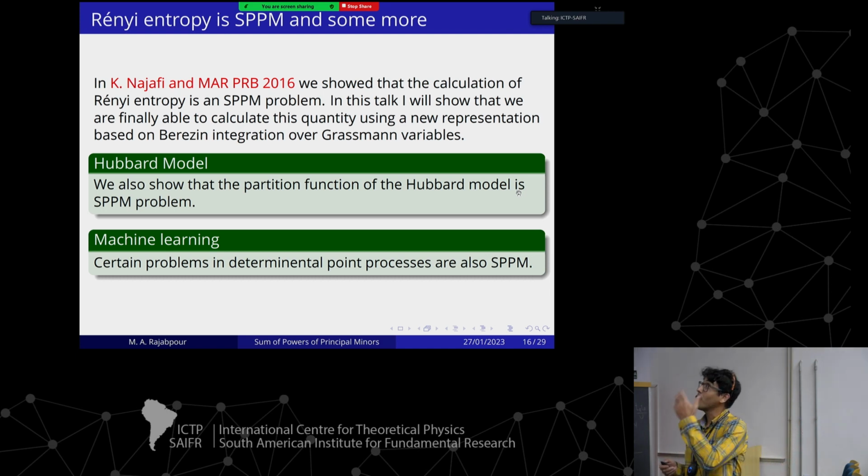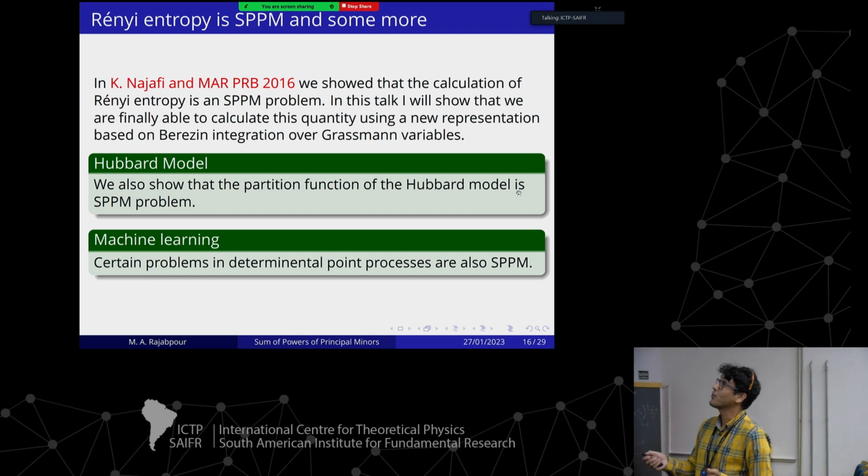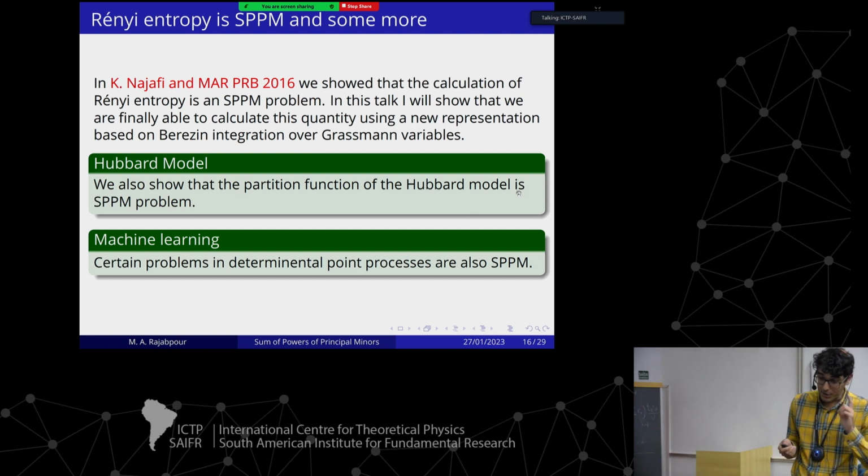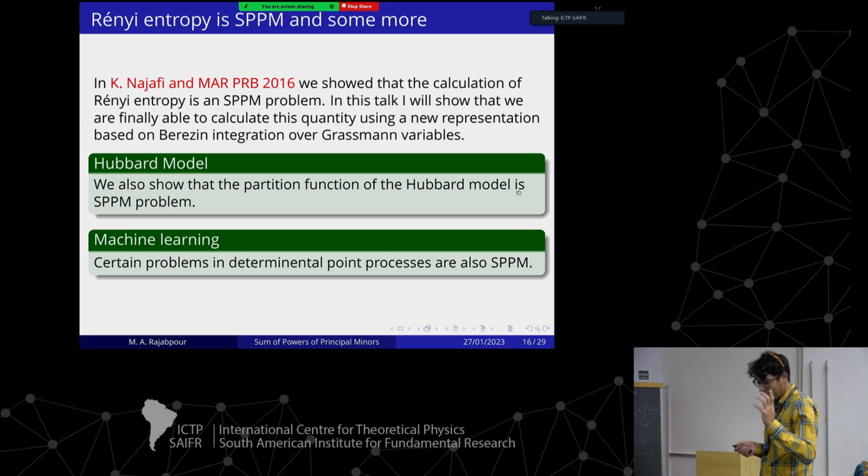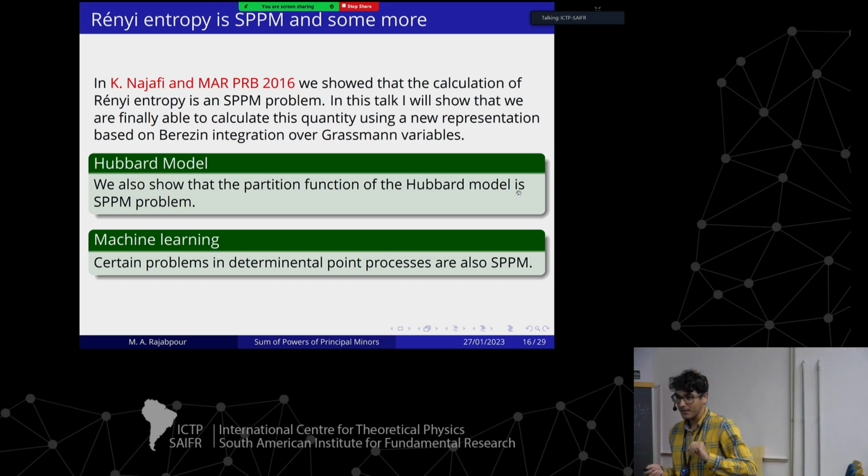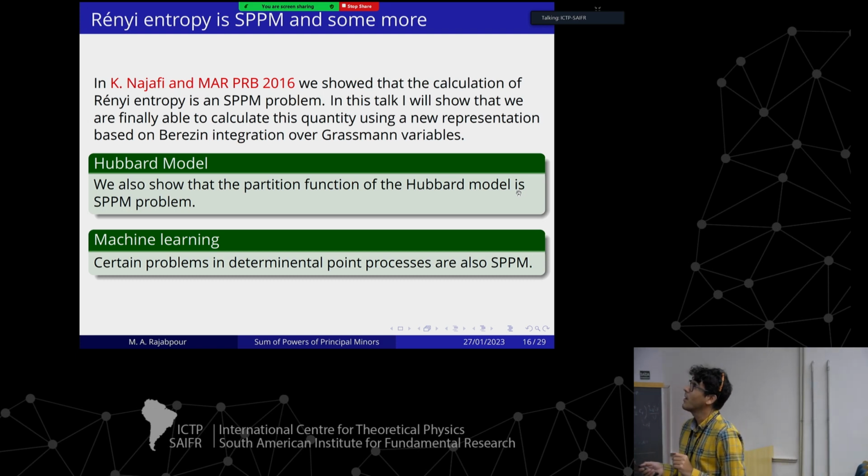And then you sum over all of them. This is a sign that calculating this quantity is probably an NP-hard problem because, as I told you, this SPPM problem in general is NP-hard. It is true that for alpha equal 1/2, one can calculate it exactly, but for other alphas, there's no way to do it.